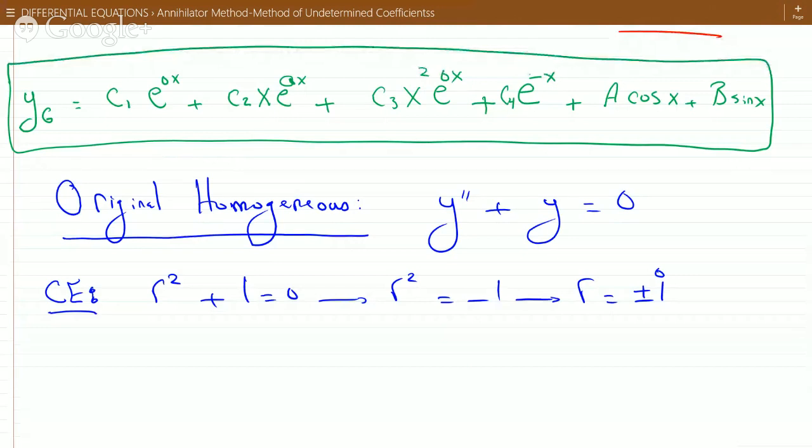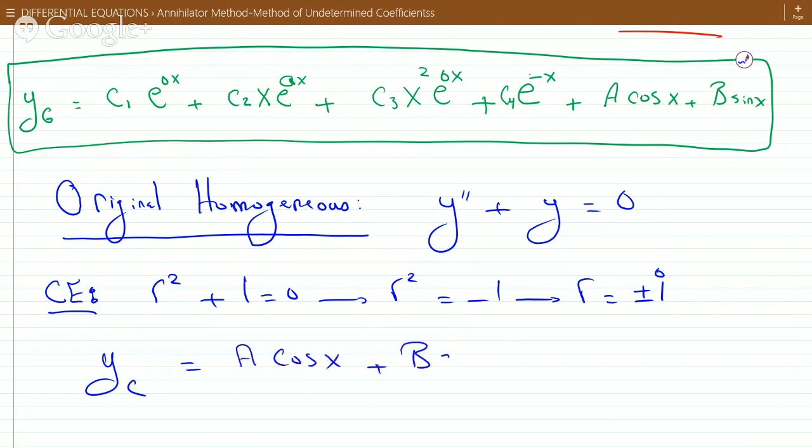No surprise here, because I know that my y complementary will be a piece of my y general. It has to be, otherwise you've done something wrong, because this is getting you everything here. So then y complementary will be a cosine x plus b sine x, which is this part of your general. This is y complementary.